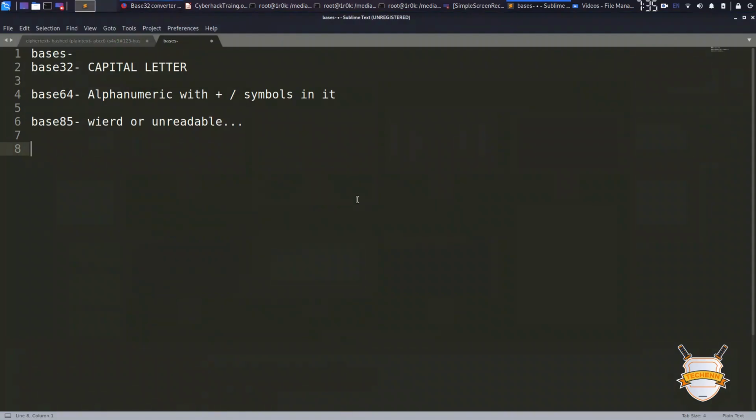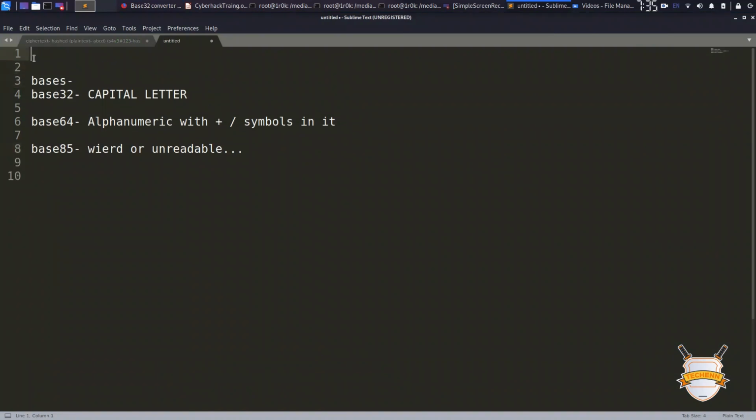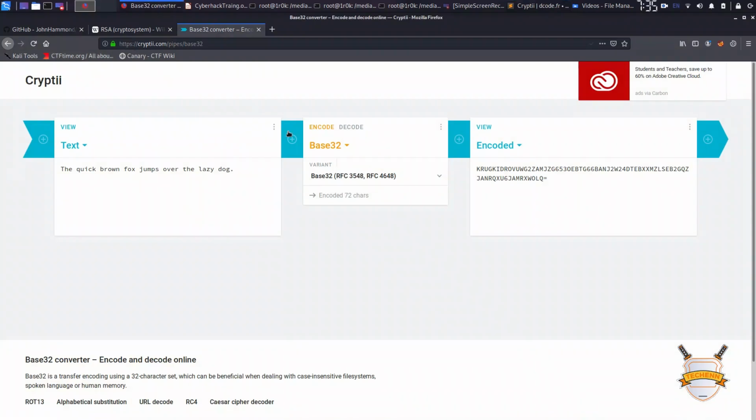There are two main websites which you should use while solving crypto challenges. First one is Crypty, and another one is decode.fr. So this one is Crypty.